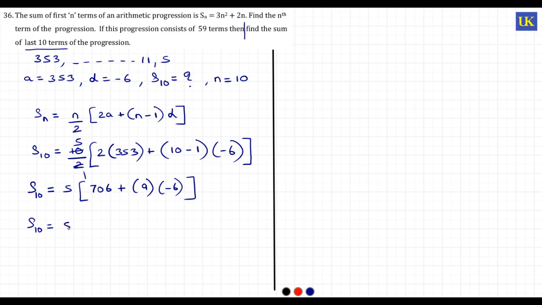So 5 into (706 minus 9 into 6), because 9 into minus 6 gives us minus, so instead of this plus we have to write minus. 9 sixes are 54. Subtract this, we'll get 652.